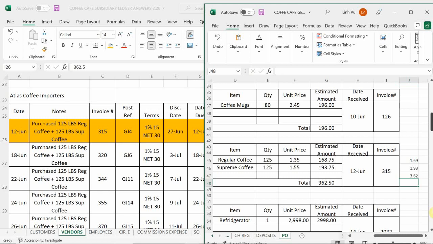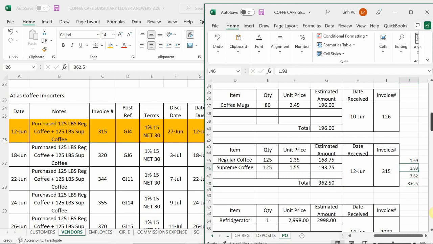This is $362.50, so that will make it $363 actually for my discount, because 1% of my $362 is going to give me $3.63.